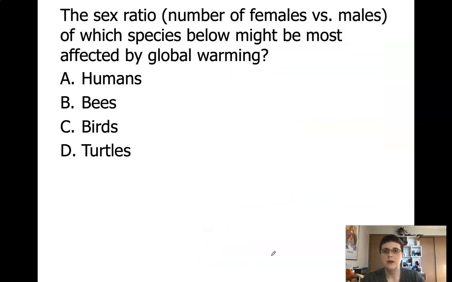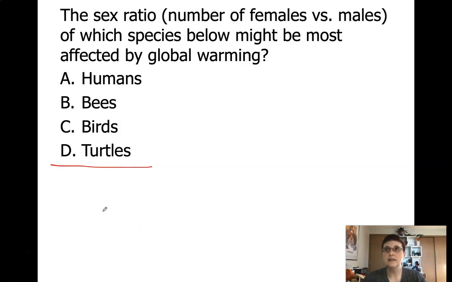Okay. So then the question is, the sex ratio of number of females versus males of which species that I just talked about might be most affected by global warming or climate change? And the answer is turtles.